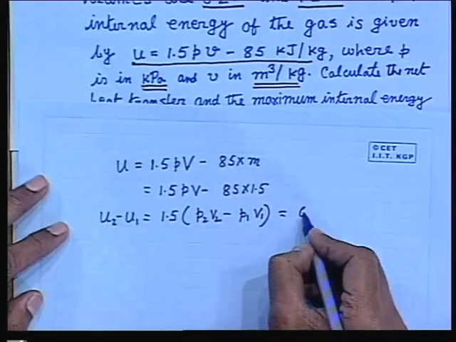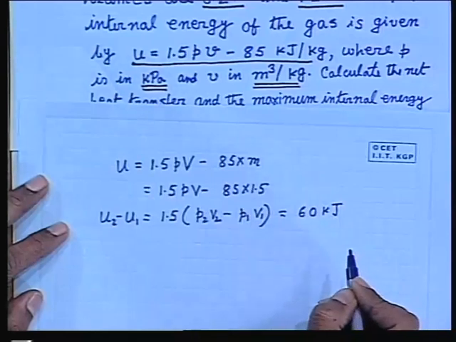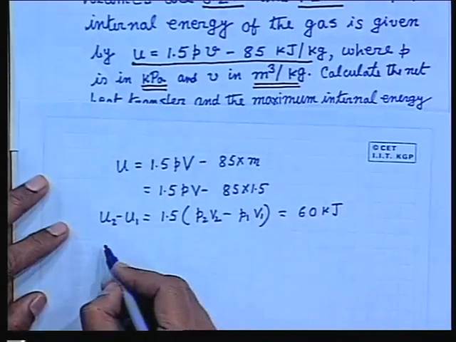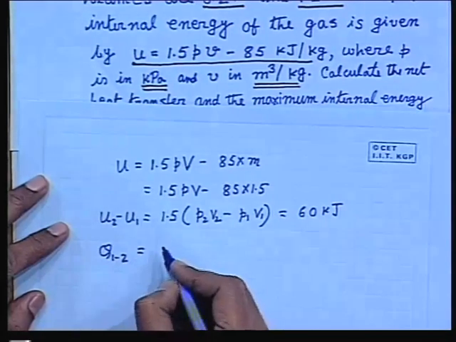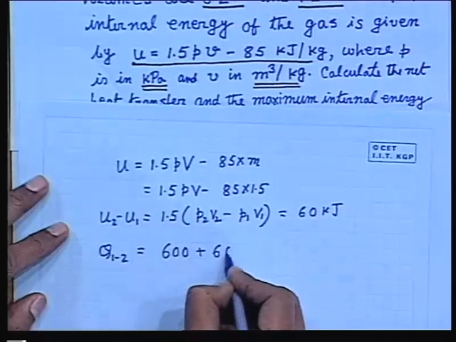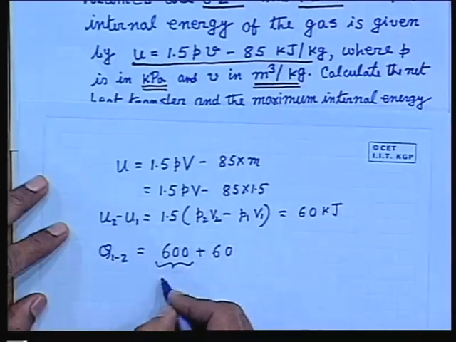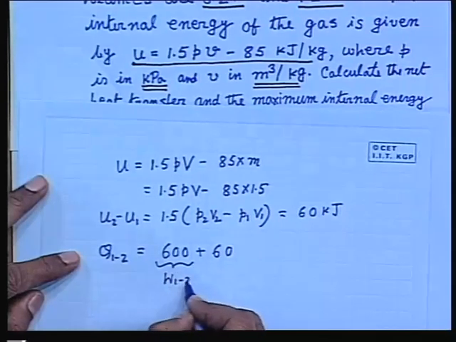So it will be 60 kilojoule. So therefore Q12, very good, is 600 plus 60. That means this is W12 and the change in internal energy.